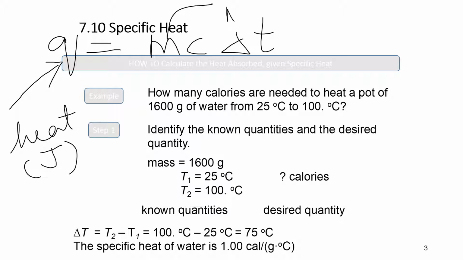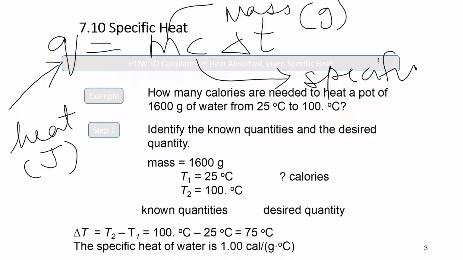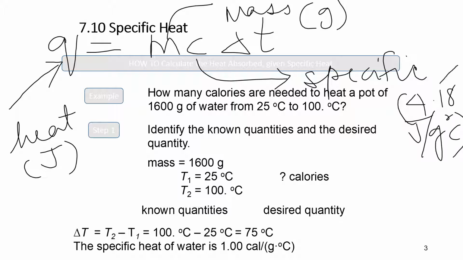M refers to the mass, in grams. C is the specific heat that I have introduced, and for water it will be 4.18 joules per gram Celsius, and this is a constant for a given substance. And delta T is the difference in temperature.